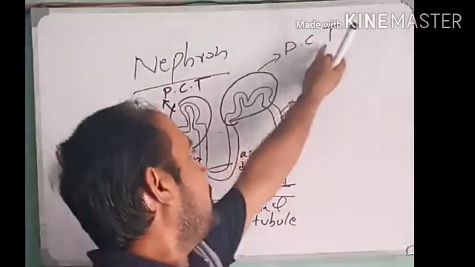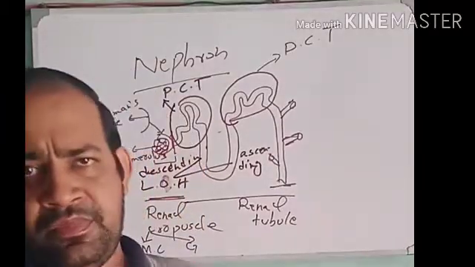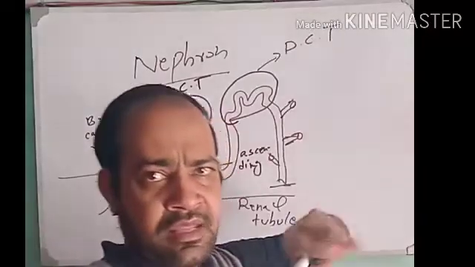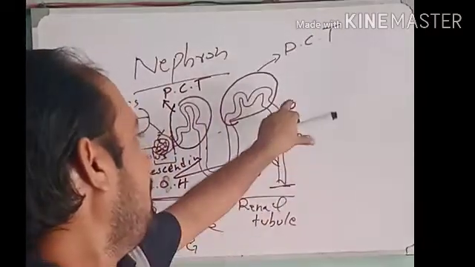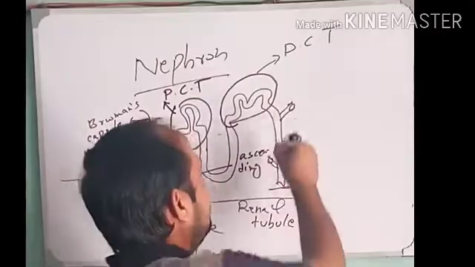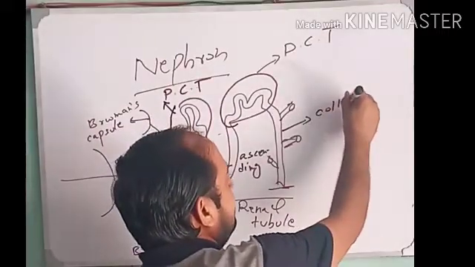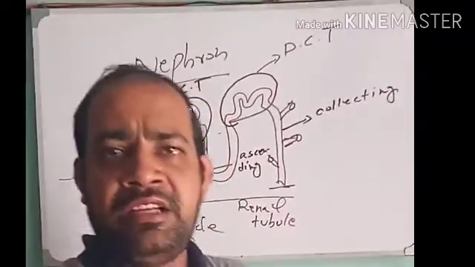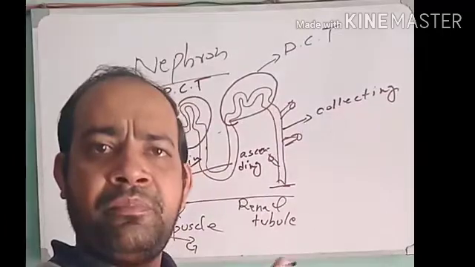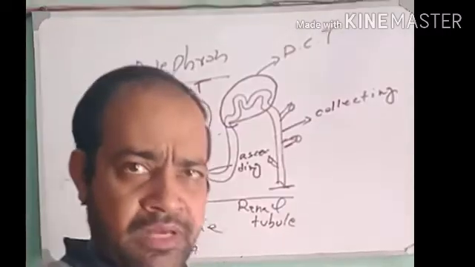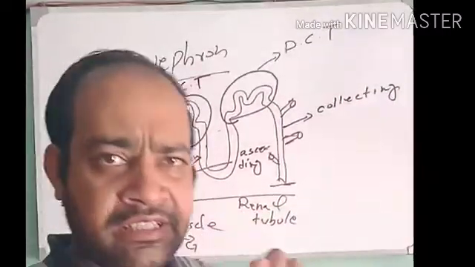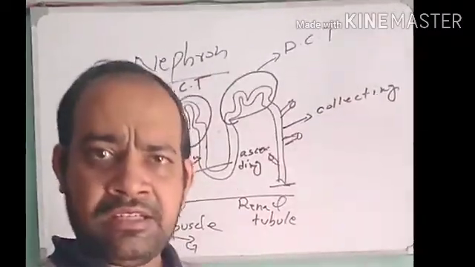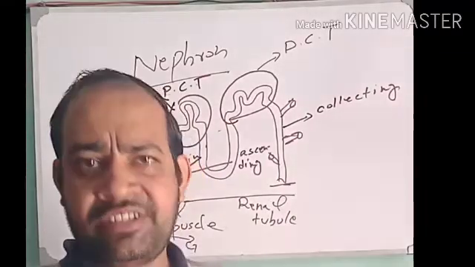The distal convoluted tubules of many nephrons empty themselves into a duct which is called collecting duct. The distal convoluted tubules of many nephrons join together to make one collecting duct, and many collecting ducts join together to make a papillary duct.